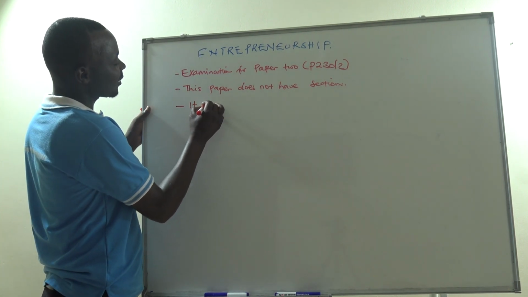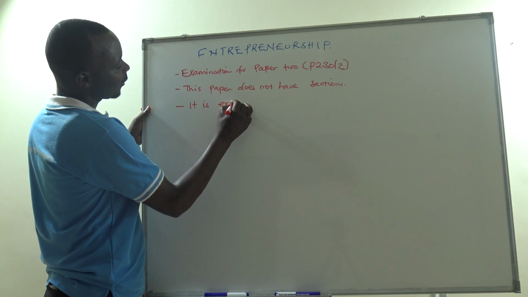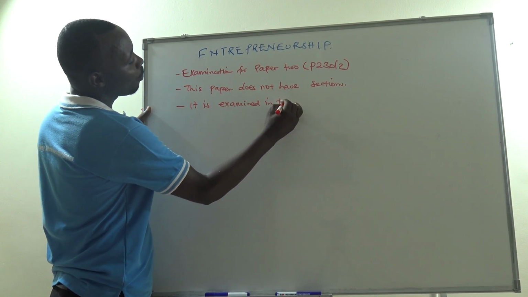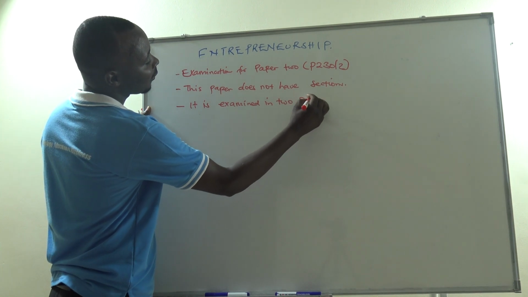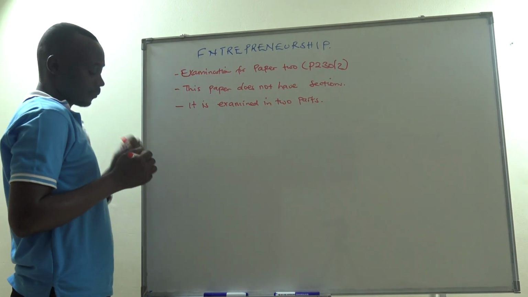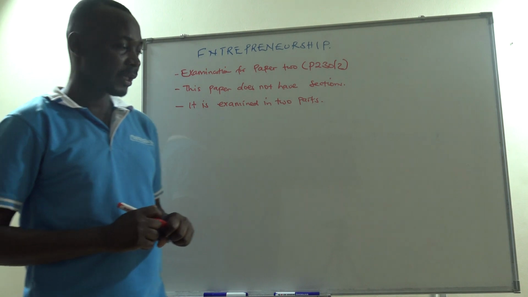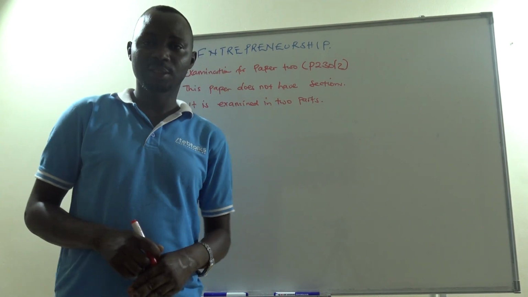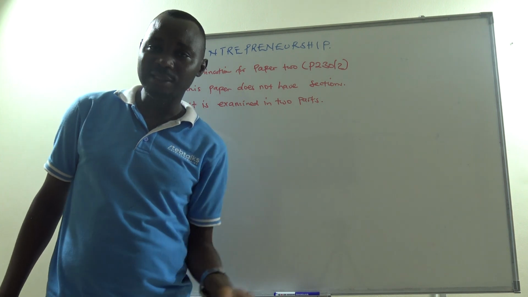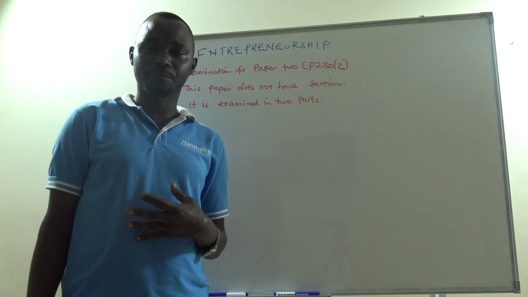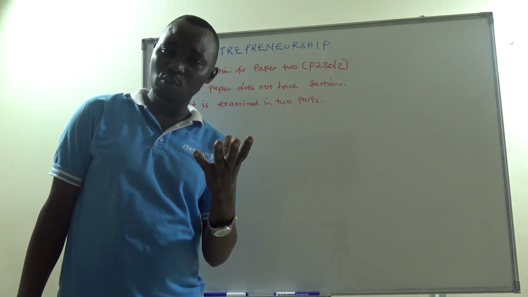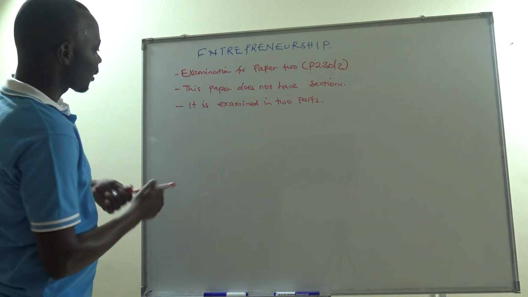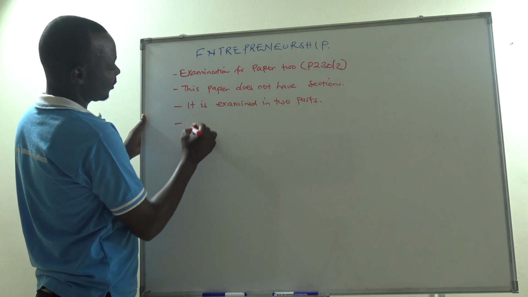It is instead examined in 2 parts. Yes, it is examined in 2 parts. As we shall study it, we shall be able to understand where we fall. What are these 2 parts?